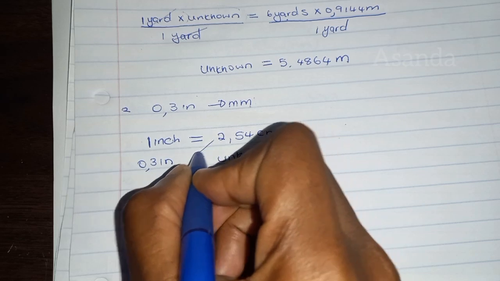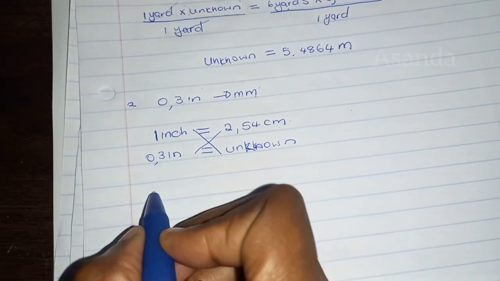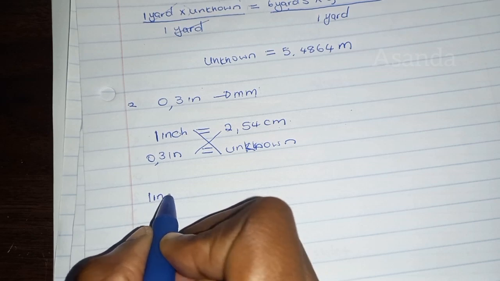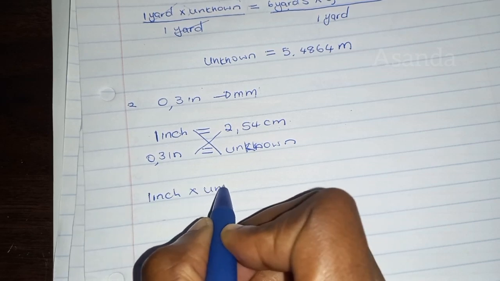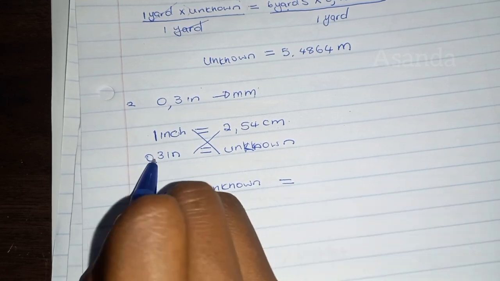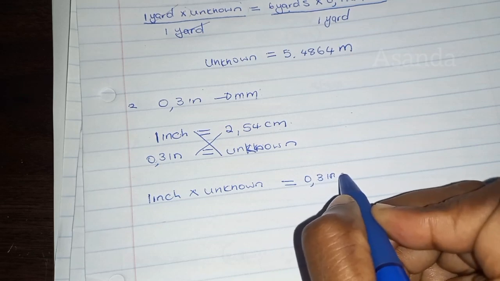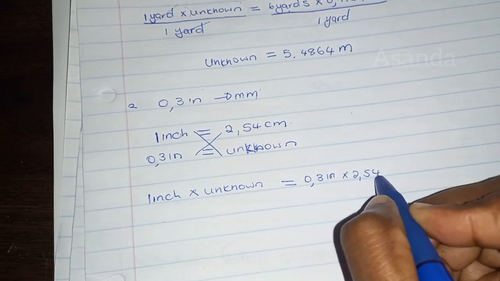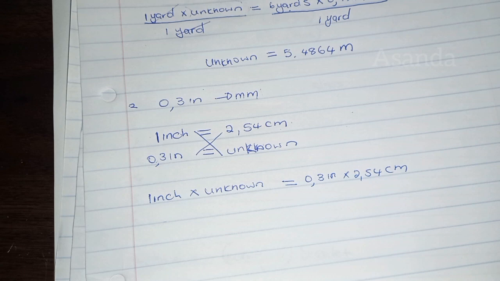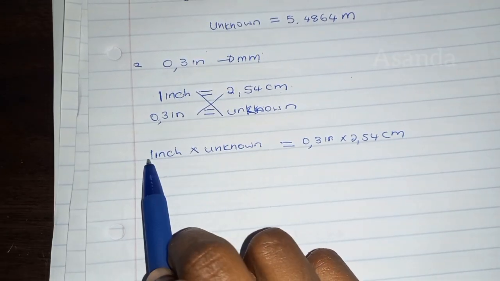Then I'm going to cross multiply, right? So now I say 1 inch multiplied by unknown is equal to 0.3 multiplied by 2.54 centimeters, right? Then I say, okay, my unknown is sitting here being multiplied by 1 inch.